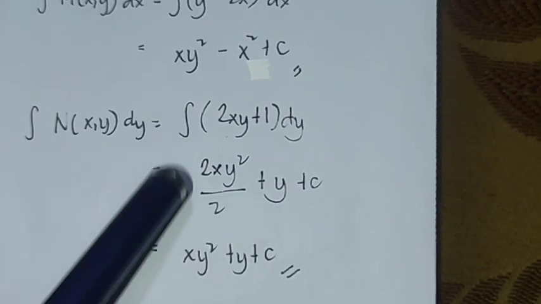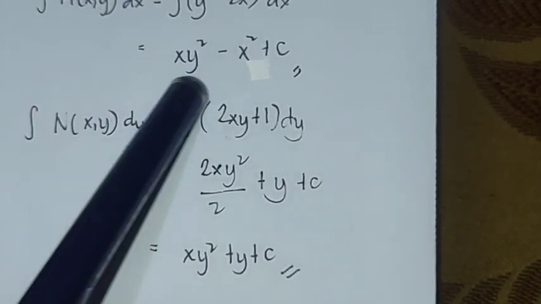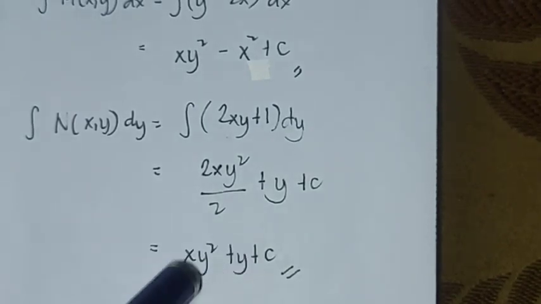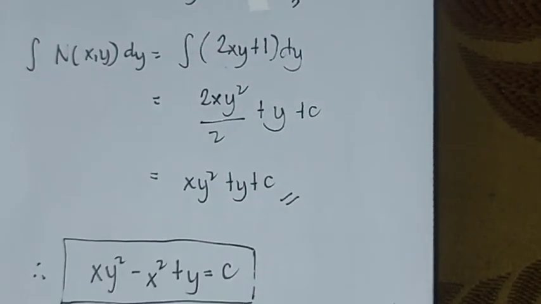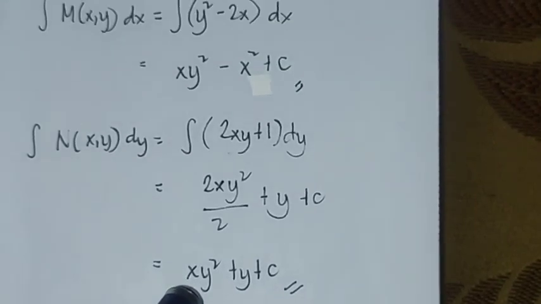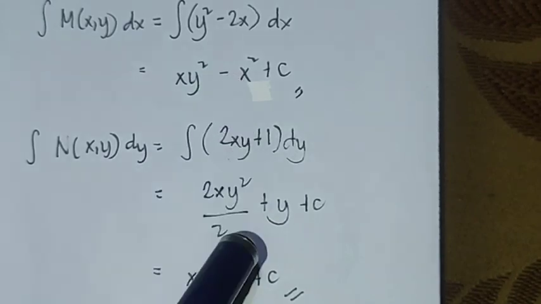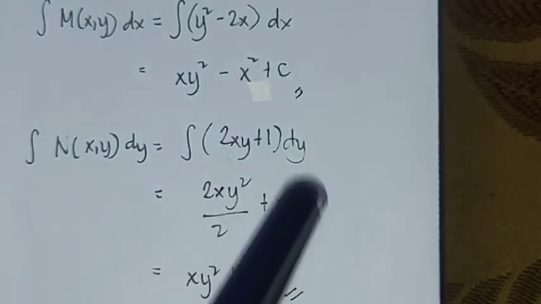So, ito yung dalawang term, di ba? Ano yung magkaparehas dyan? xy squared. So meaning, pag minerge mo sila, magiging ganito lang: xy squared minus x squared plus y. Kasi ito parehas, di ba? So, copy mo lang siya isang beses. Tapos may minus x squared, may plus y. Tapos may plus c ka. Siyempre, constant.